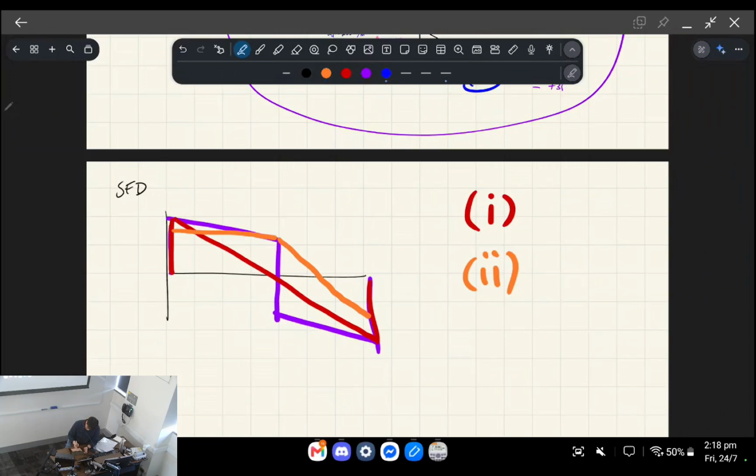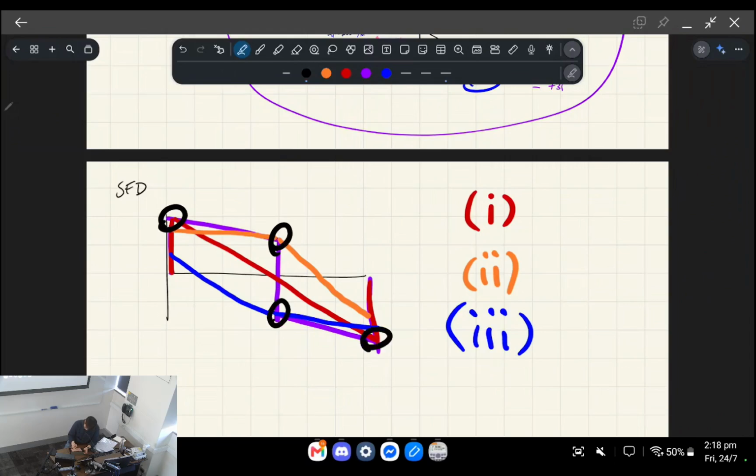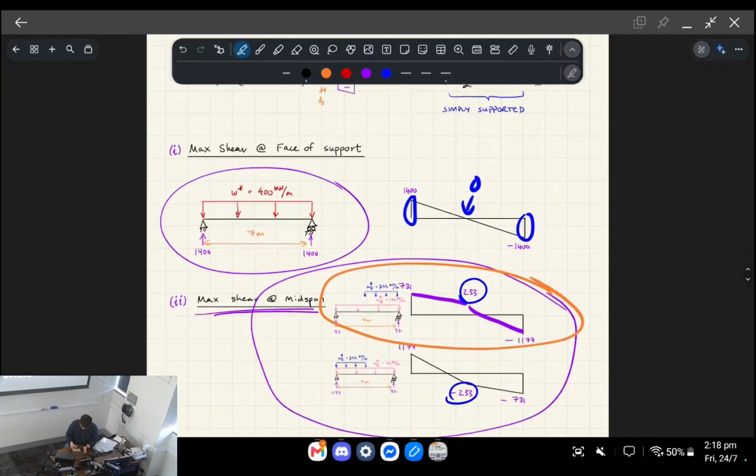Blue. Scenario 3 is the other way around, where it is like that, and then like that. Something like that. Anyway, point is, you can see that the shear force envelope is the peak at the middle and the sides, right? And the envelope is gonna cover all three scenarios, right?